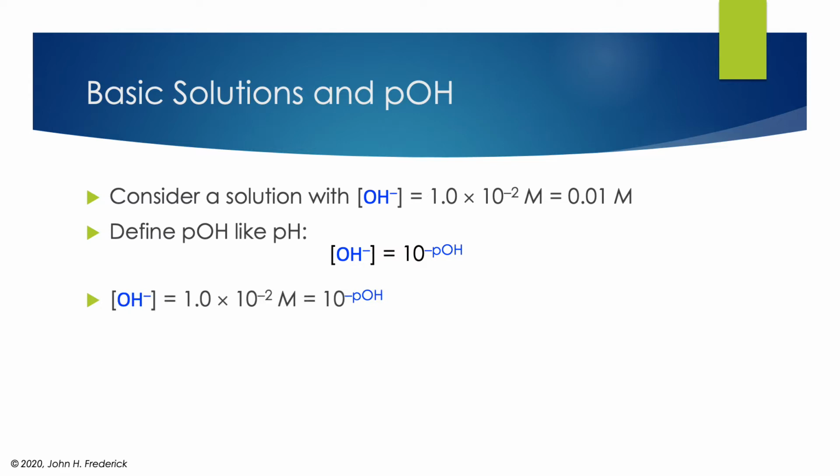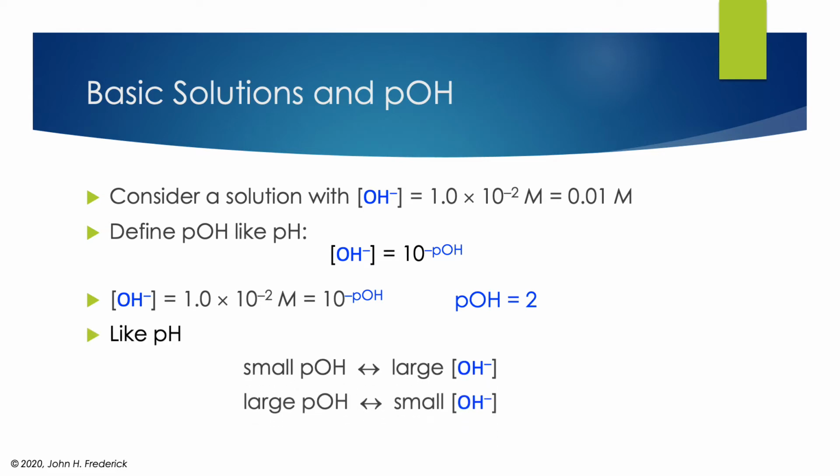So if the hydroxide ion concentration is 1 times 10 to the minus 2 molar, then it will also be equal to 10 to the minus pOH, and pOH is equal to 2. Like pH, if we have a small pOH, we'll have a large hydroxide ion concentration, and if we have a large pOH, we're going to have a small hydroxide ion concentration. So we have to think backwards a little bit because of the definition, including a minus sign.